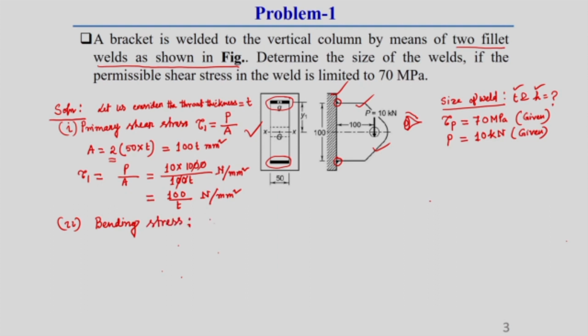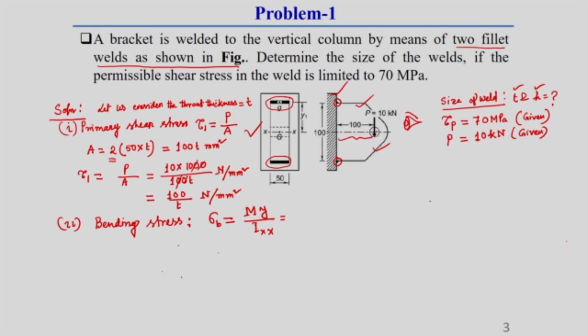So, we know bending stress is sigma b equal to M y divided by I, here it will be x x, because that I have explained in a previous lecture itself. So, here what is M? M is the couple made by force P into the distance between this support and this application of load location.